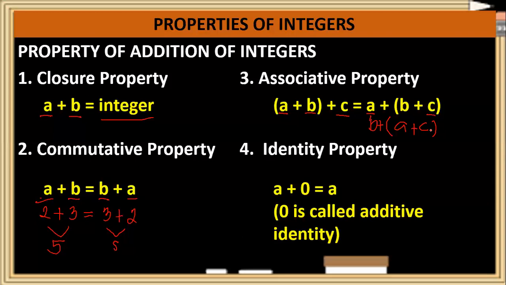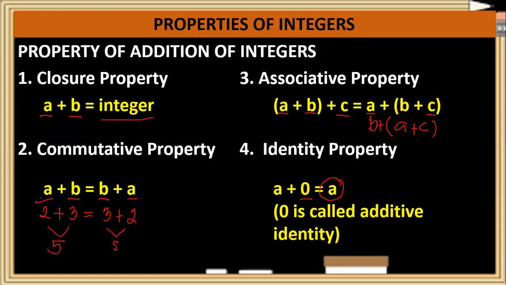Now, let's go with the fourth property. Ano ba yung property? It is what we call the identity property. So, any integer added to zero, or zero added to an integer, ang magiging sagot natin ay always that particular integer. Hindi nagbabago pag inadd natin si 0 sa integer na yon.